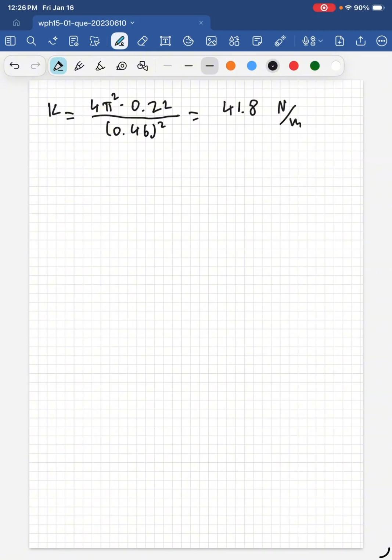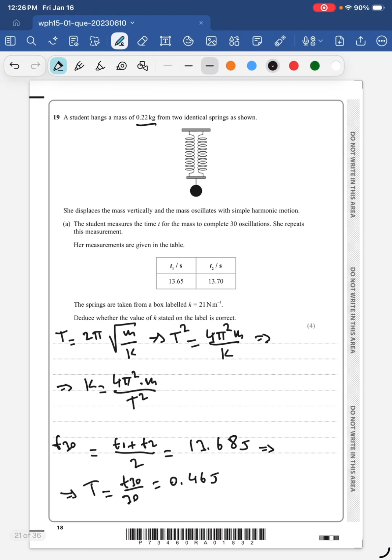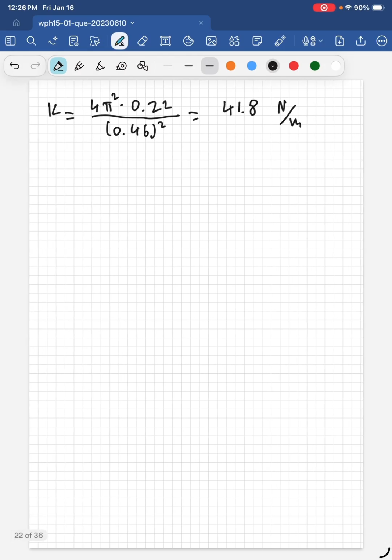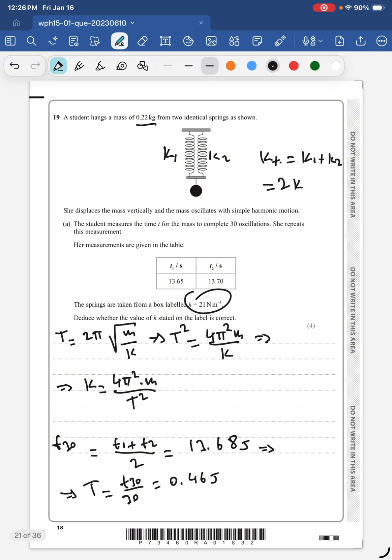So we have to divide this by 2 because when you have two springs in parallel, k adds. So if this is k1 and this is k2, then k total is k1 plus k2, in this case just 2k since they are identical springs. So if we divide by 2, we find 20.9 newtons per meter, which is about 21 newtons per meter. So that's okay. I mean, the claim is correct.